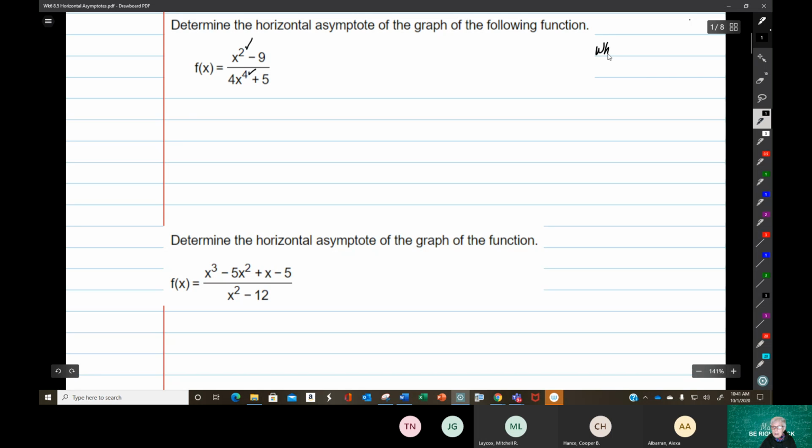When the degree of the numerator is less than the degree of the denominator.